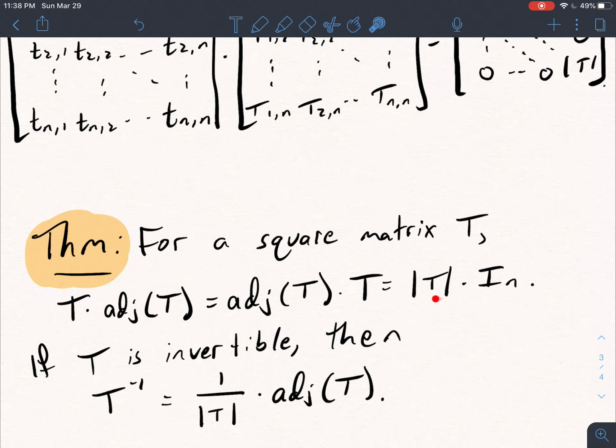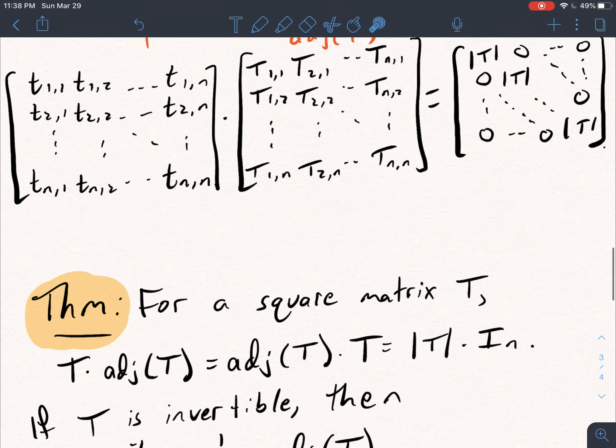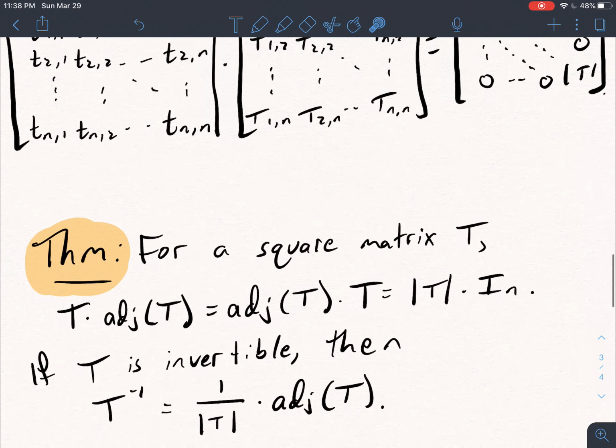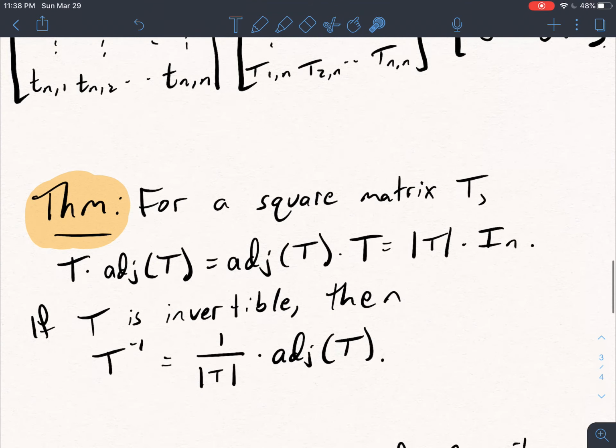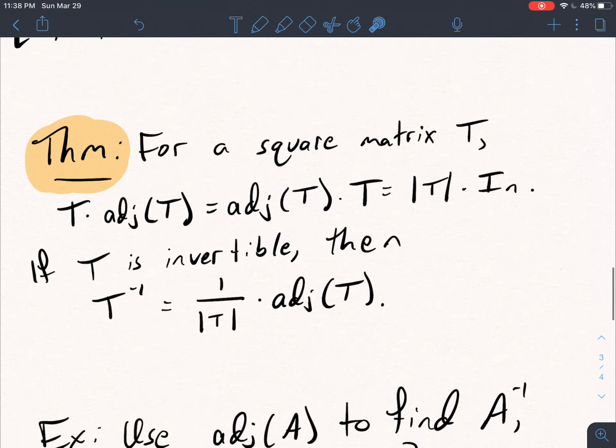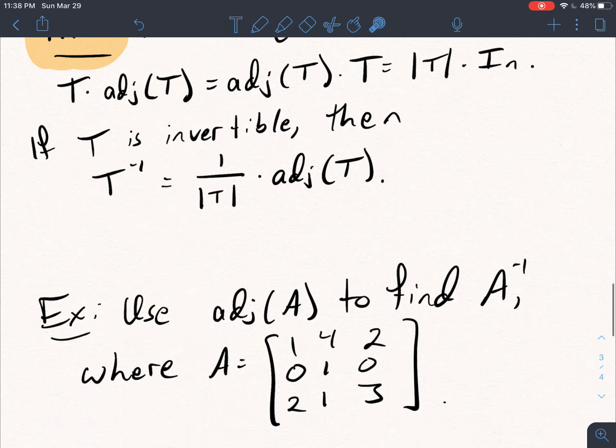So both of these things are equal to the determinant of T times the identity matrix, as we had up here. And if T is an invertible matrix, then T inverse is equal to the reciprocal of the determinant times the adjoint. You just divide the adjoint by the determinant of T.